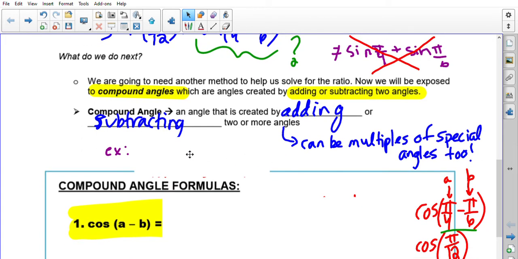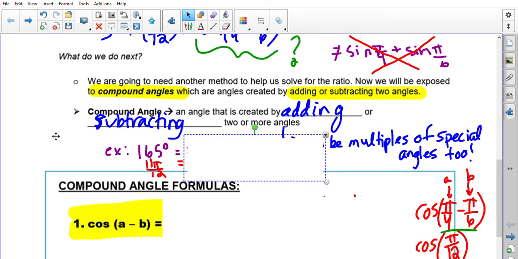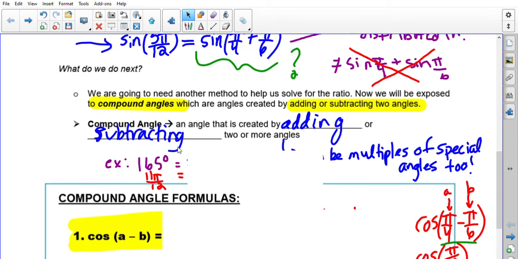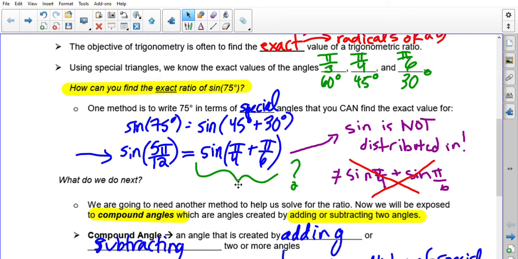What I mean by that is, for example, if I had us work with 165 degrees, and in radians that would be 11 pi over 12. If I had us try to rewrite this in terms of special angles, you're going to notice that we can't add them all up.